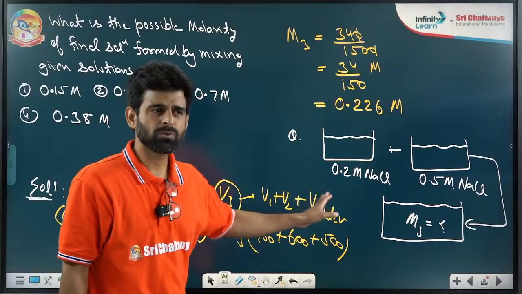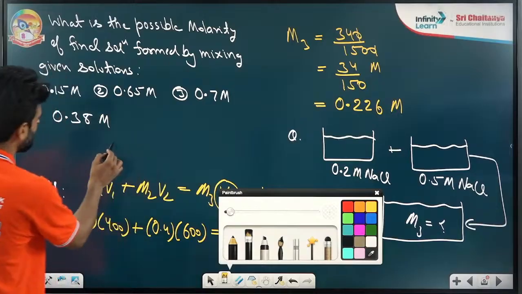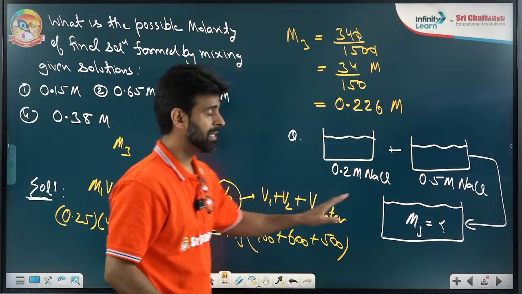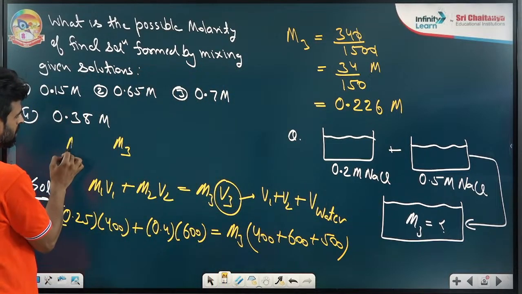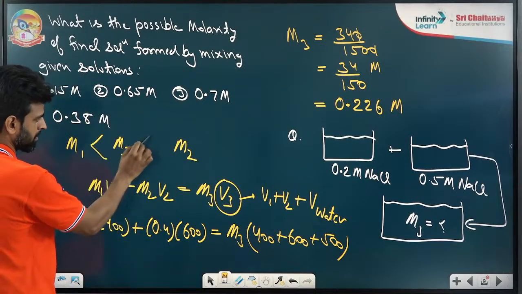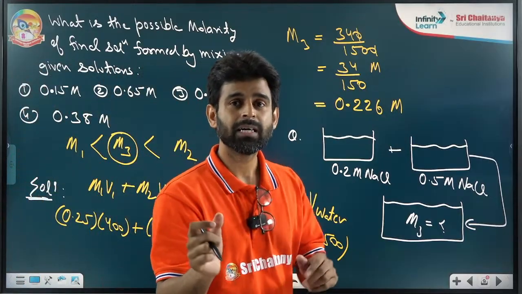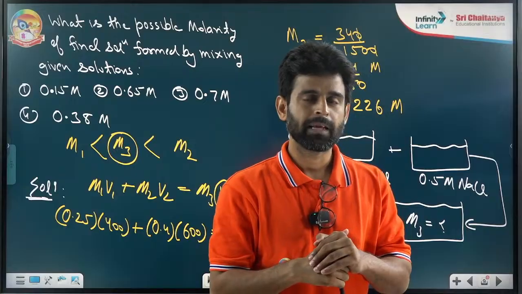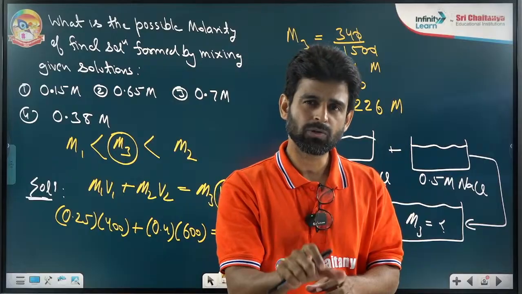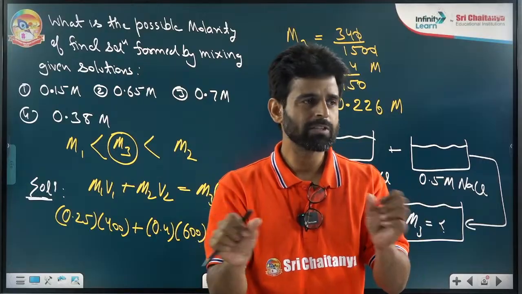Whenever you mix two solutions of the same solute, M3 will always be in between M1 and M2. The final solution will have a molarity in between the two given solutions.